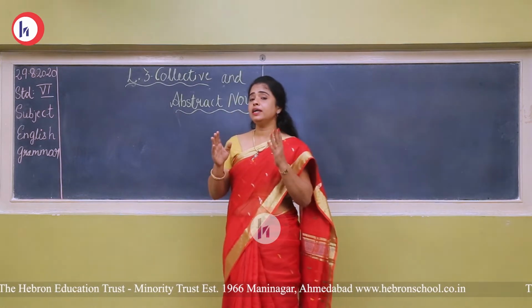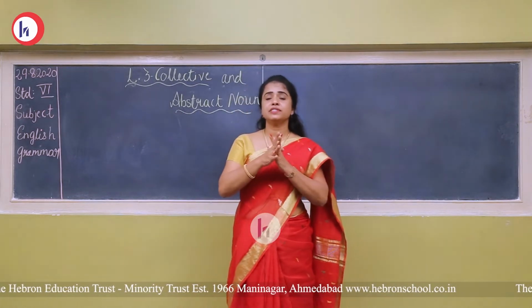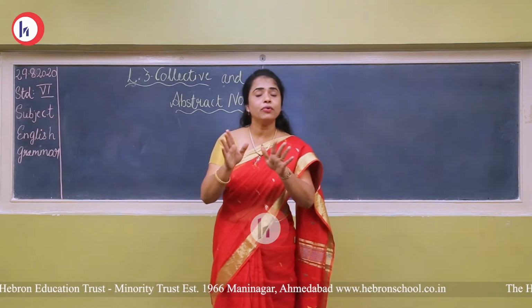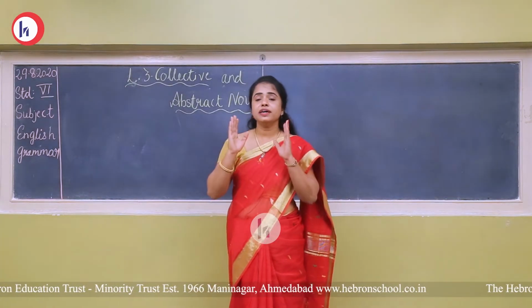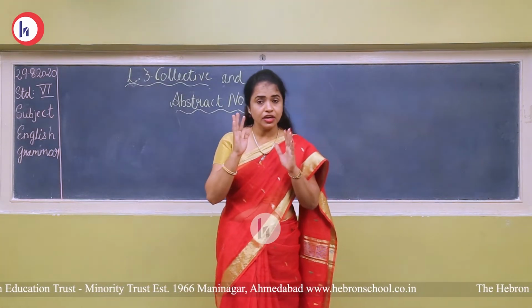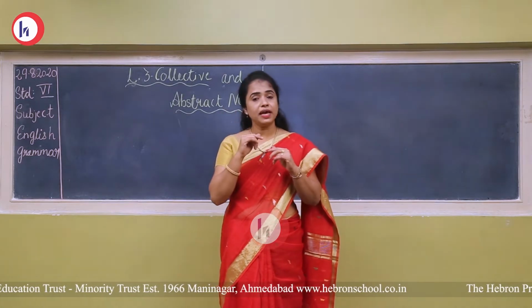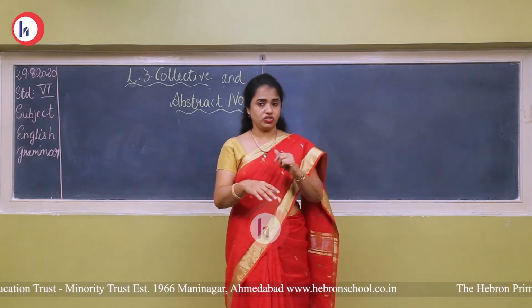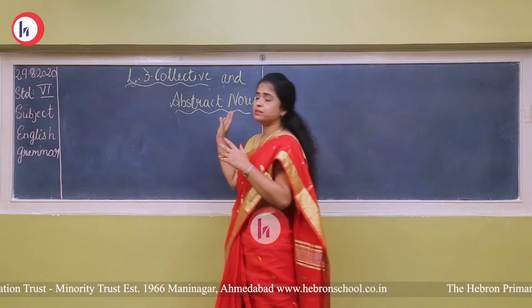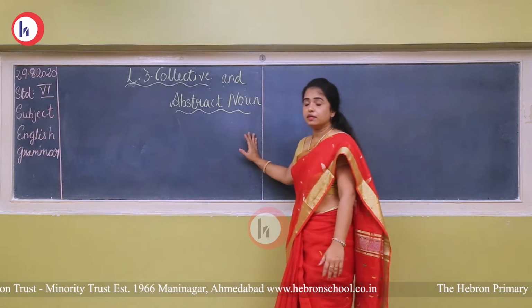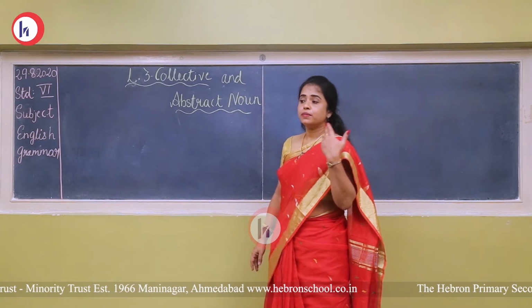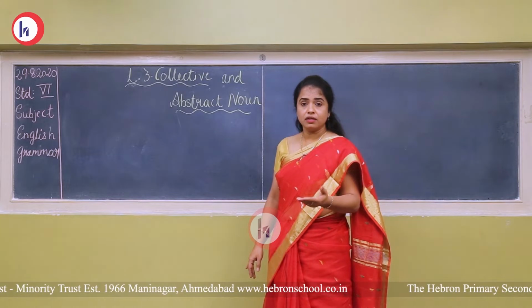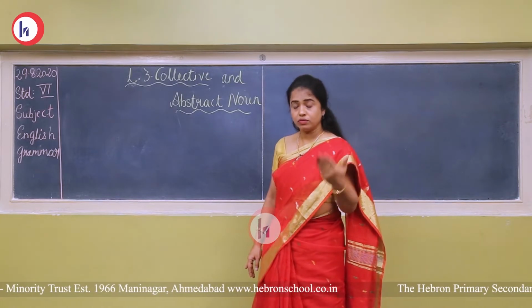The thing that you need to understand in abstract noun, which you can very easily pinpoint, is that abstract noun cannot be identified by our five senses. That is, you cannot see, hear, smell, taste or touch. For example, you can take love, death, life, wisdom, intelligence, knowledge, danger.